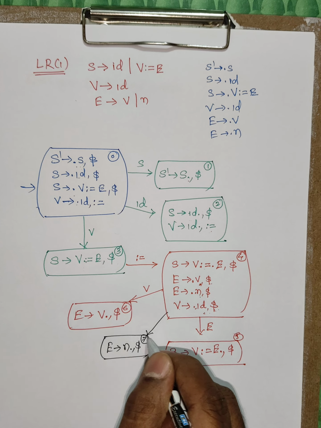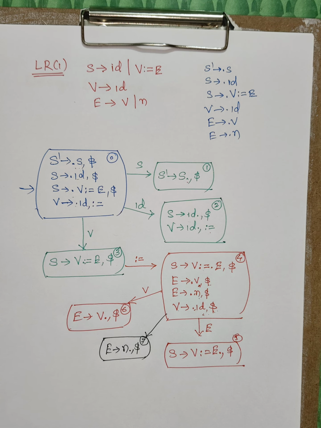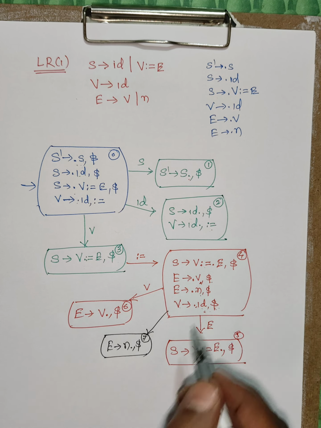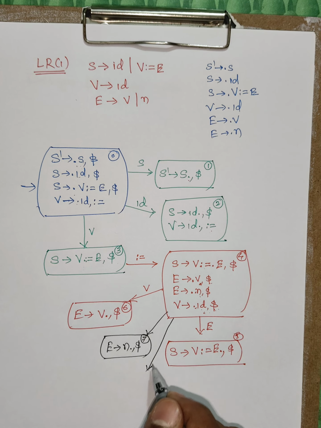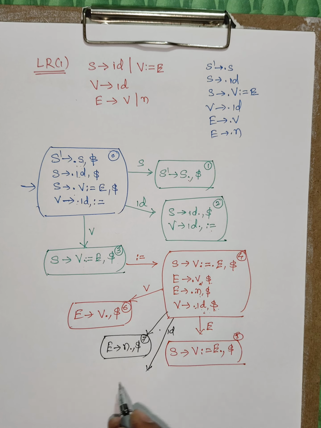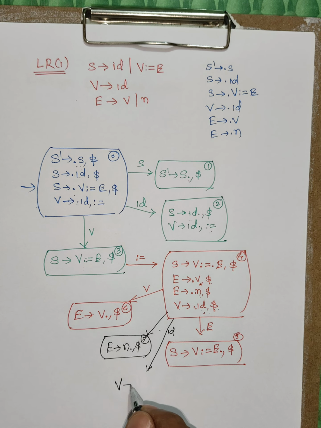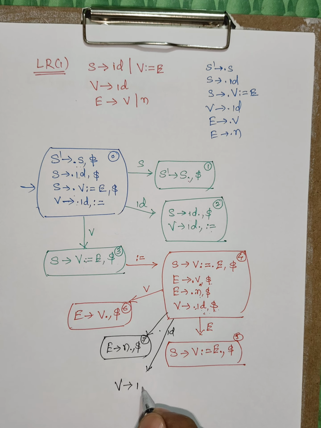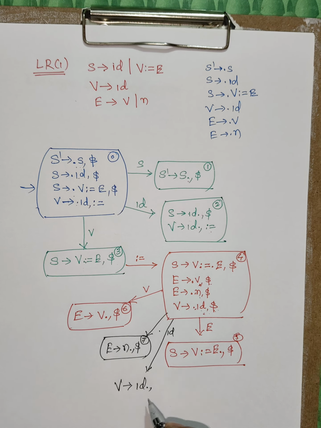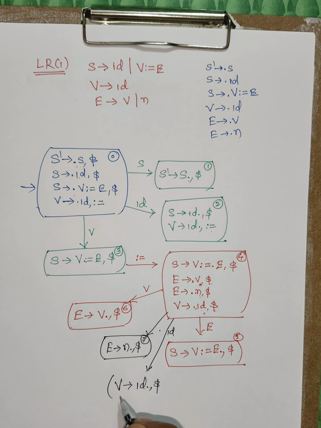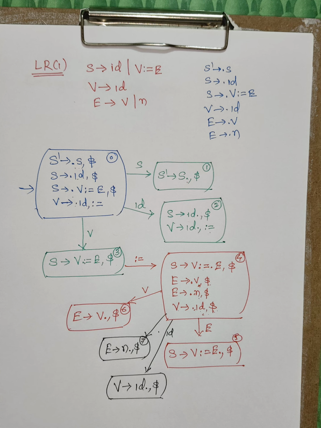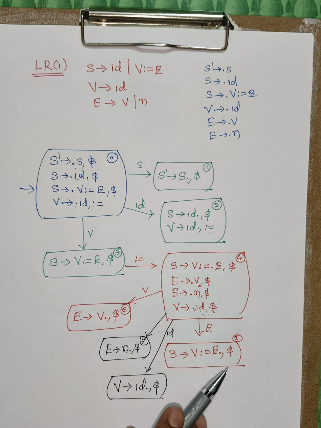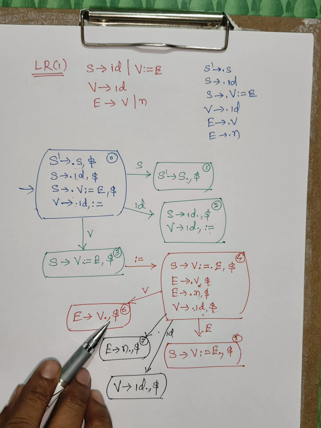This is 7. Next, one more transition we can take on id: V produces id dot, dollar. This is a final state. This is also a final state. This is also a final state. This is also a final state.